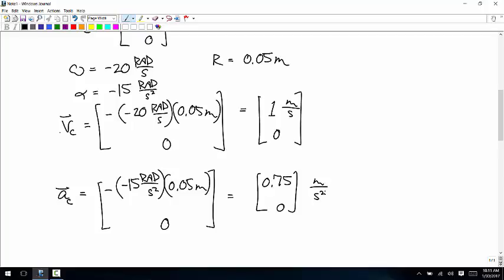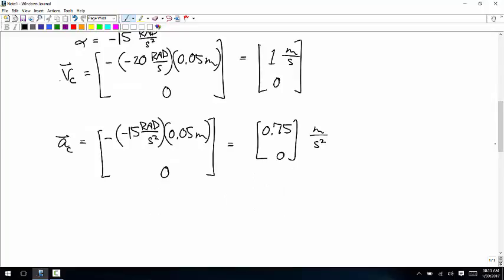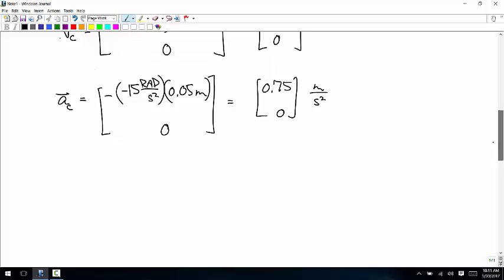Okay, so that's in the rotated coordinate system, and then I asked you to give it in the standard orientation coordinate system. The easiest way to do that is with a rotation matrix.